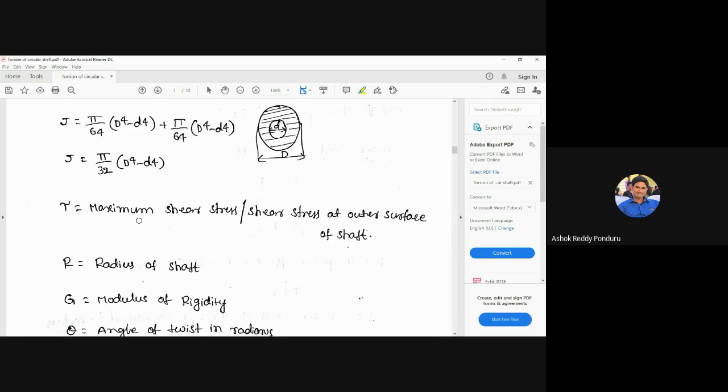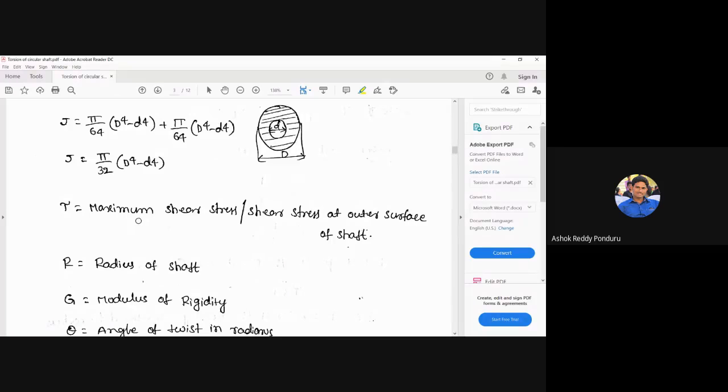It varies from point to point, except axial stress. Whether it is bending stress, shear stress due to the twisting moment, or shear stress due to shear force, it varies. So while answering what is meant by tau, please answer that it is the maximum shear stress. Don't call it just shear stress.